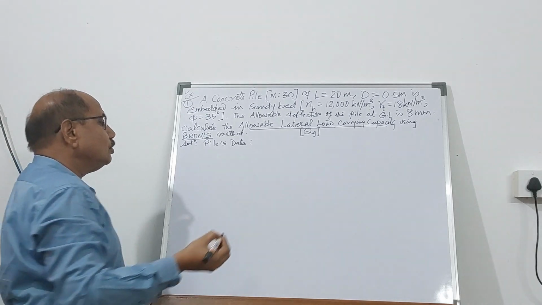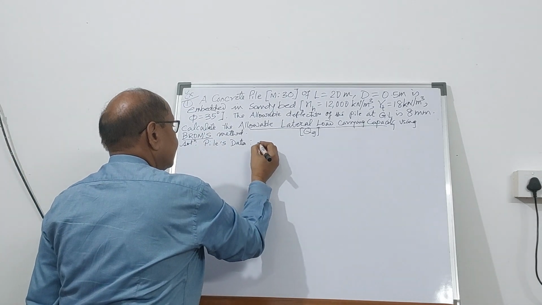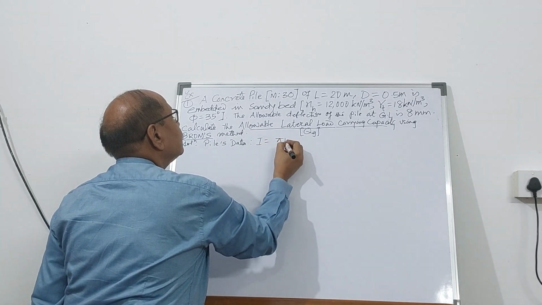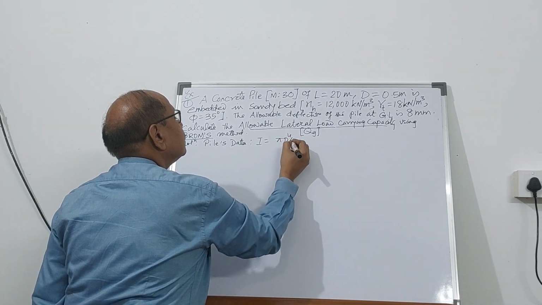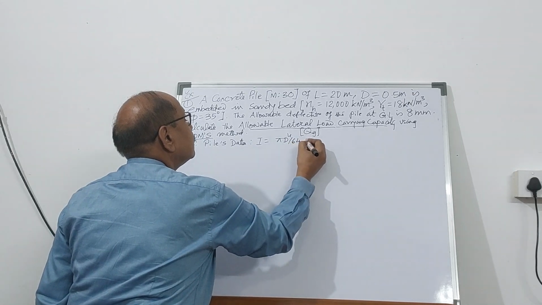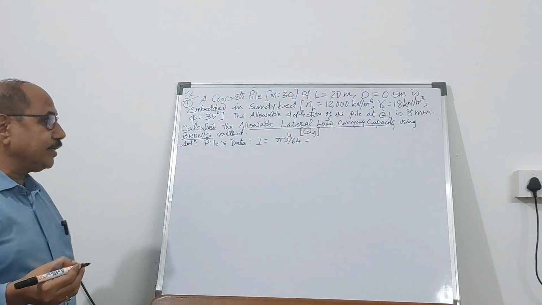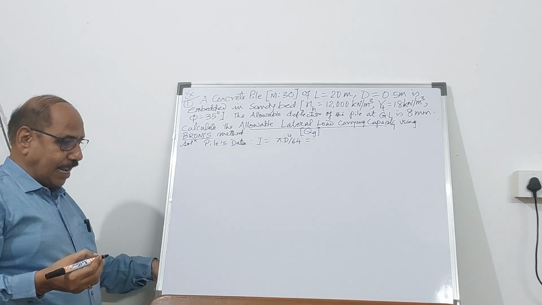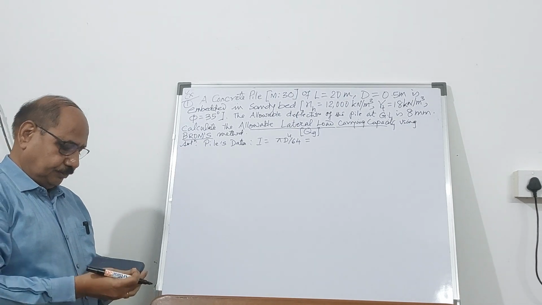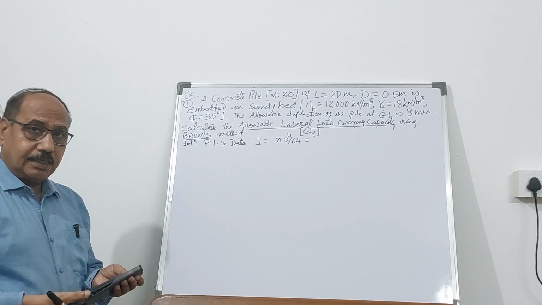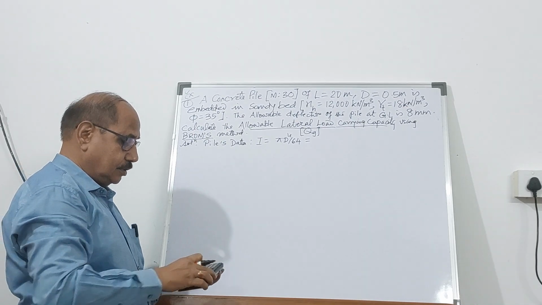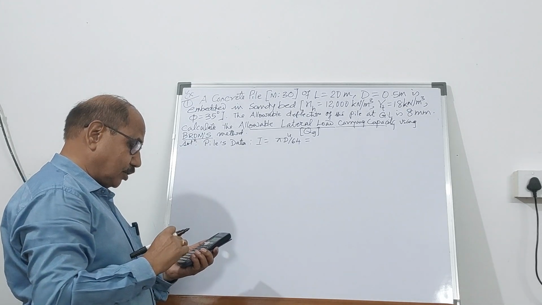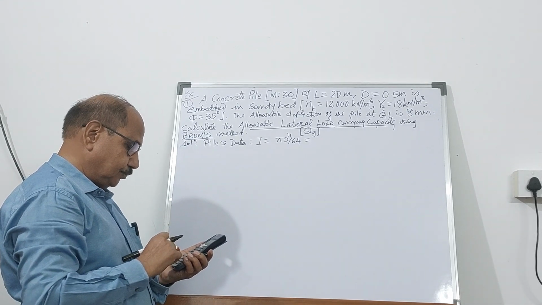Already you know the diameter, therefore the moment of inertia can be calculated. Diameter is 0.5 meter. So if you calculate the moment of inertia, pi d to the power 4 by 64 is the moment of inertia.